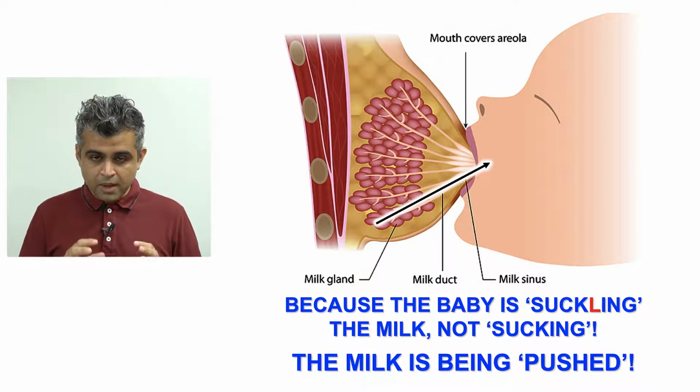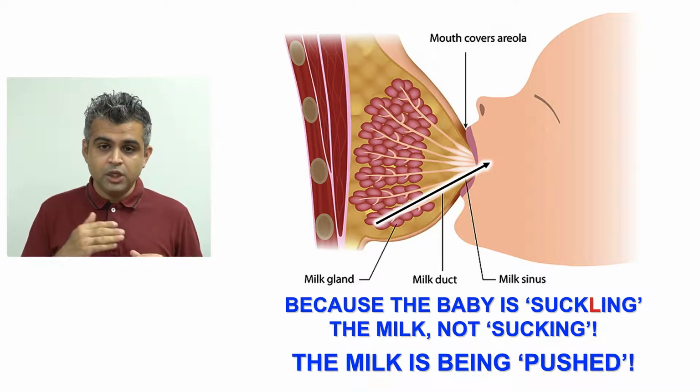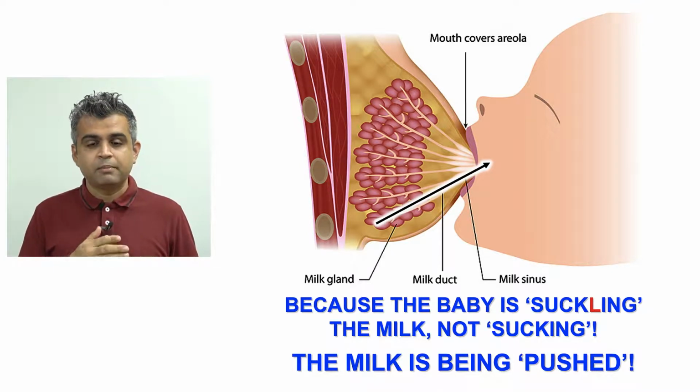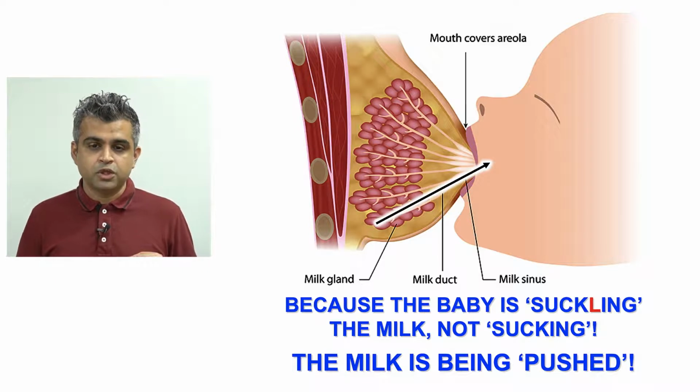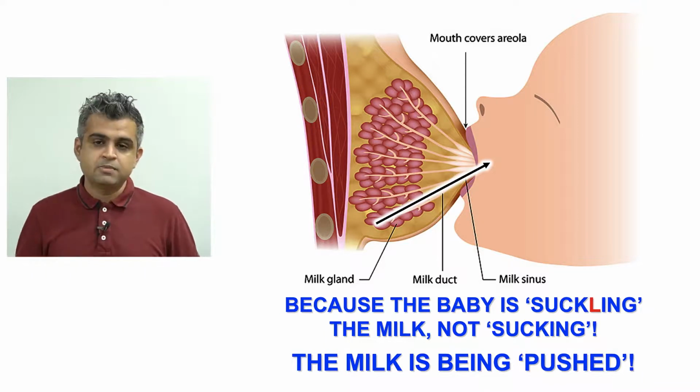Somehow from within the alveoli, those sacs, the milk is being pushed into the lumen, and from the lumen it is being pushed into the mammary tubules. From the mammary tubules it is being pushed into the mammary duct, into the ampullae, and into the lactiferous duct. So the milk is literally being pushed, and that is how the milk from the lower part is going into the baby's mouth. So how is that happening?